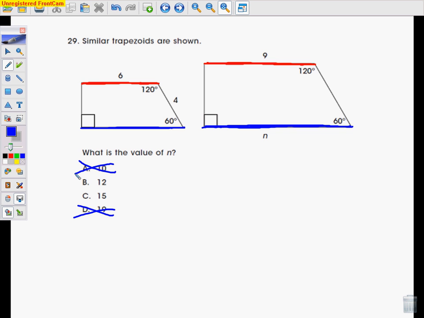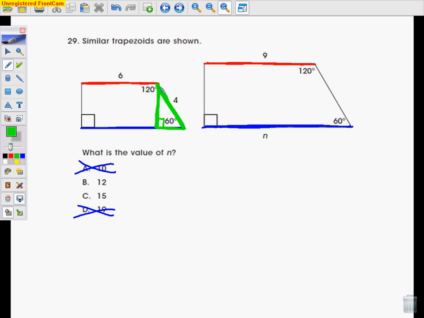All right, from there though, you could keep going and try to figure out other ways to find out what n is. So I would look at this problem and say, okay, if I drew a line here, this would make a right triangle. Now that I have that right triangle, I know that the 4, this side here, is the hypotenuse.